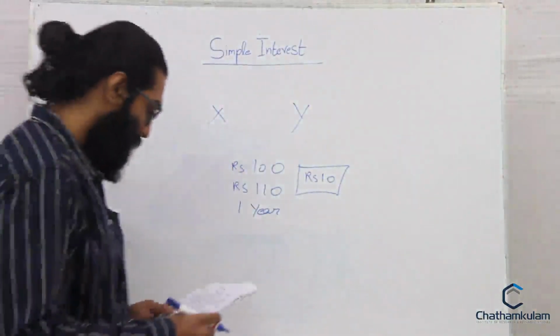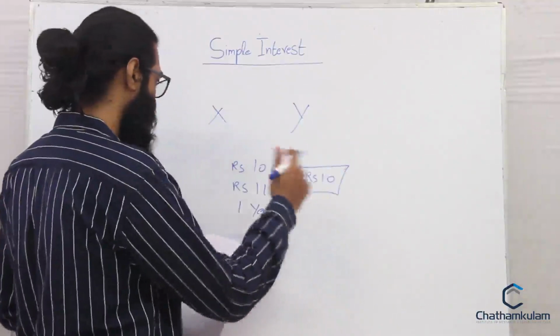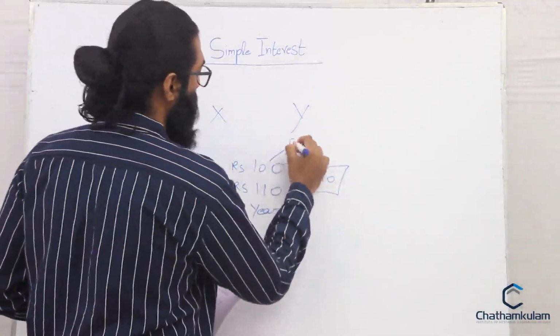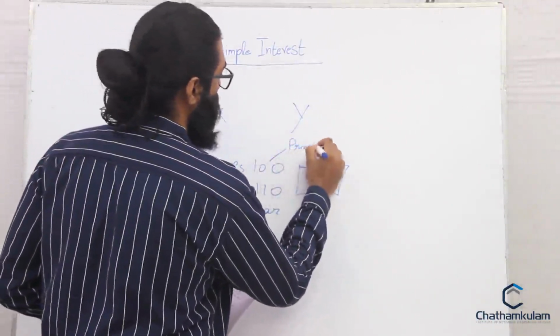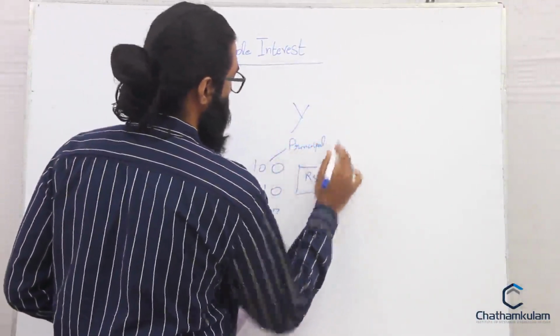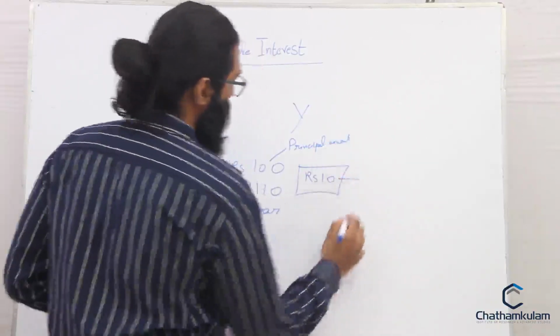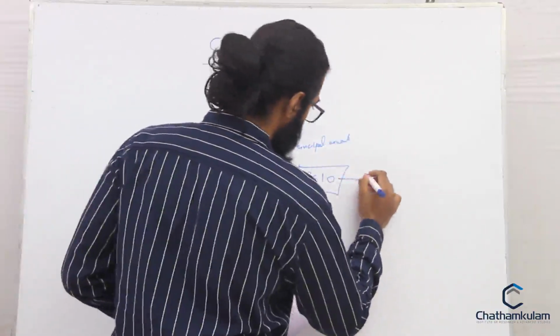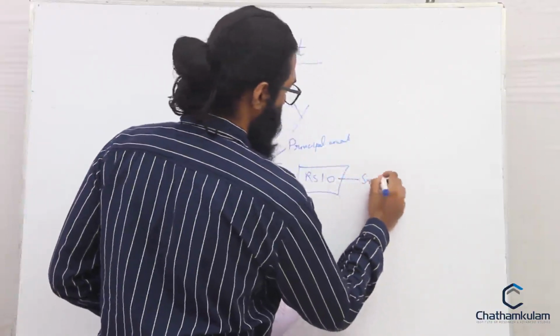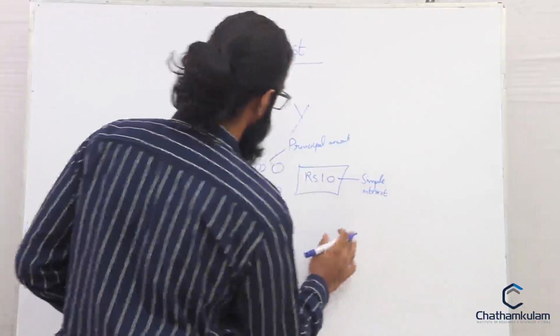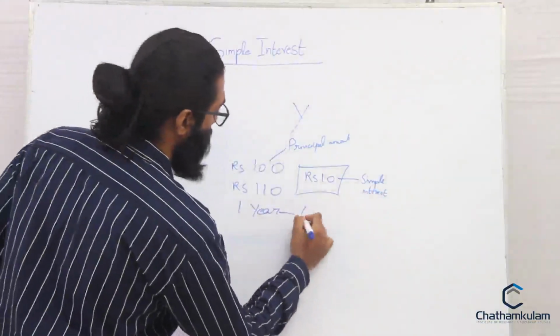So we can say 100 is the principal amount, rupees 10 is the simple interest, and 1 year is the time period.